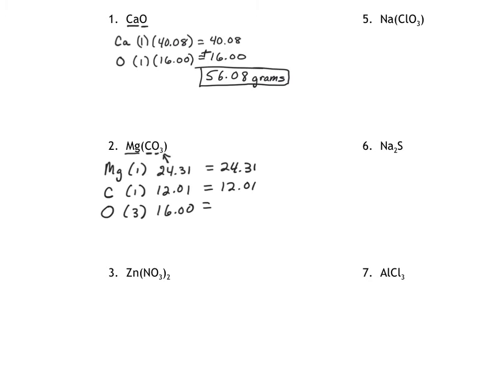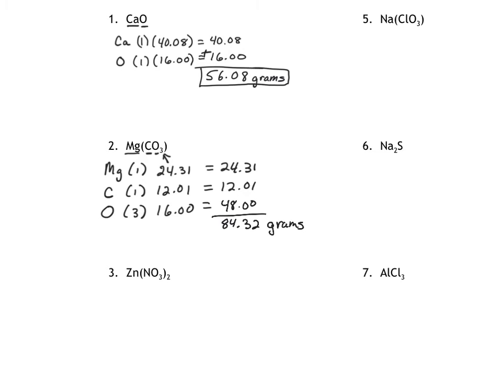Now 3 times 16, so 3 times 16 is 48.00. Now I'm going to add these numbers together, 48 plus 12.01 plus 24.31 equals 84.32. And then I'm going to put the unit grams.